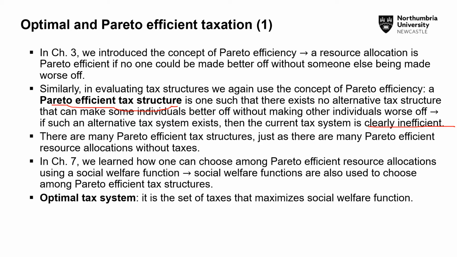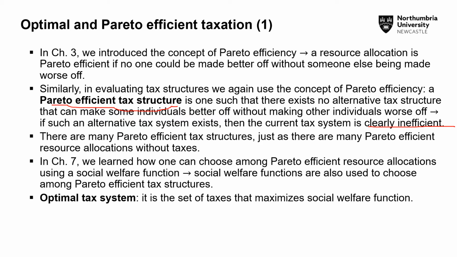So therefore, there may be a number of Pareto efficient tax structures, just as there are many Pareto efficient resource allocations without taxes. Now, how did we choose amongst Pareto efficient allocations? Well, we looked at the social welfare function.